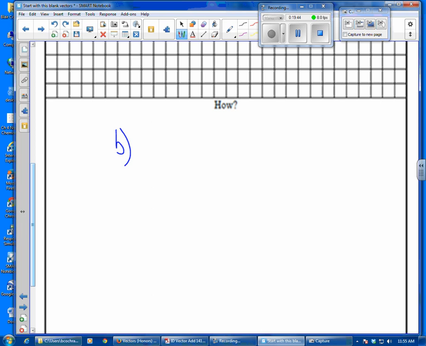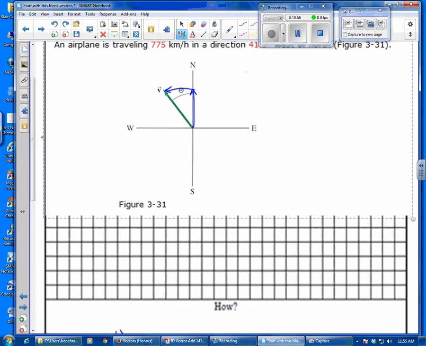Velocity and displacement are always in the same direction. So the velocity and the displacement here have to be at the exact same direction. So if this is the direction of my velocity, the direction of this green arrow, my displacement's also going to be in that exact direction.